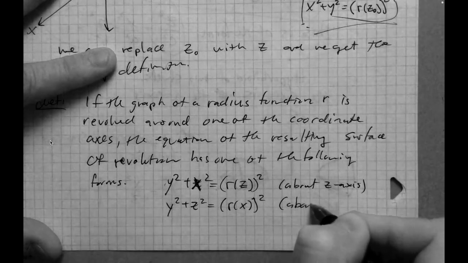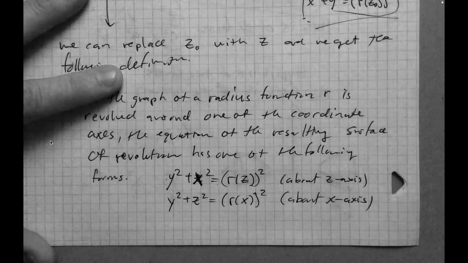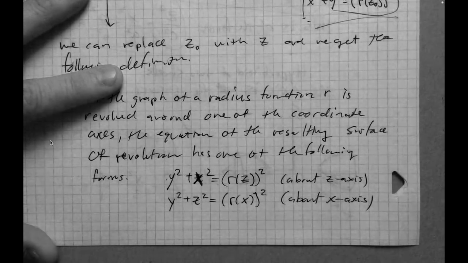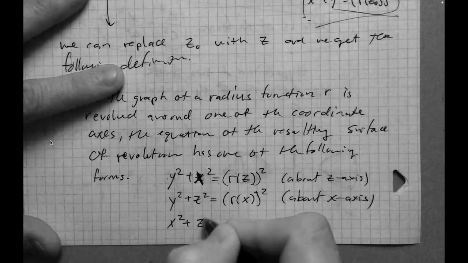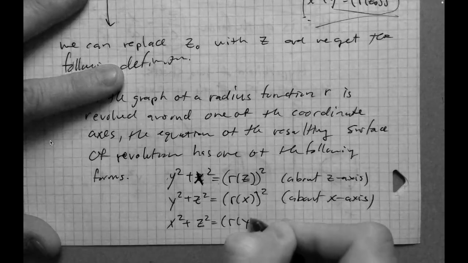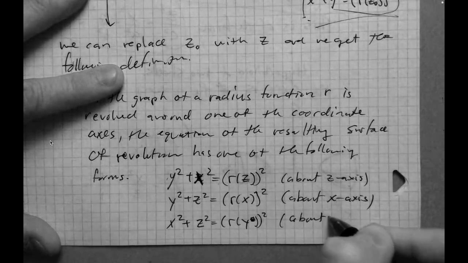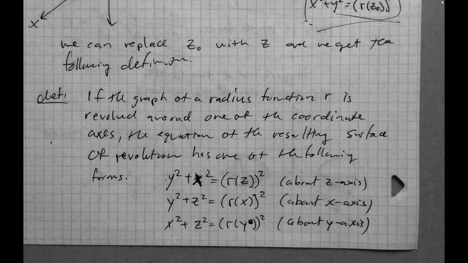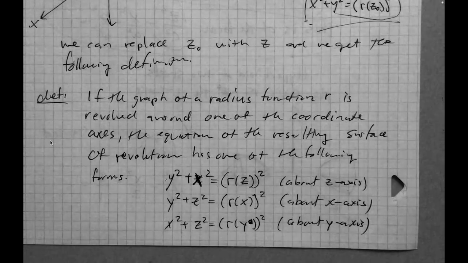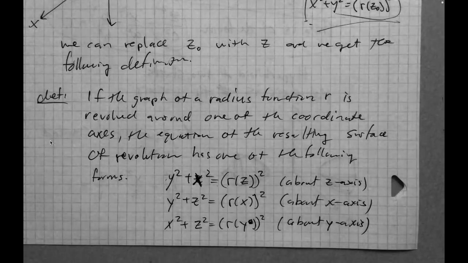This will be about the x-axis. And then what if it's rotated about the y-axis? Well, then it's just x squared plus z squared equals r of y squared. This is about the y-axis. So they basically are the same form. It just depends on what the axis of rotation is, and then you just swap out the variables as needed.